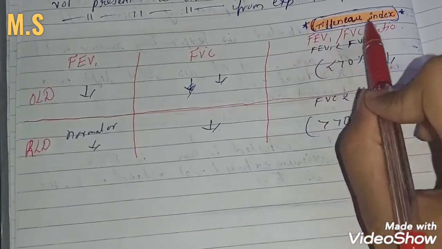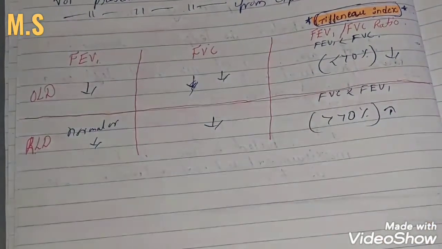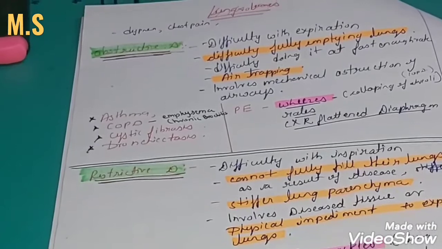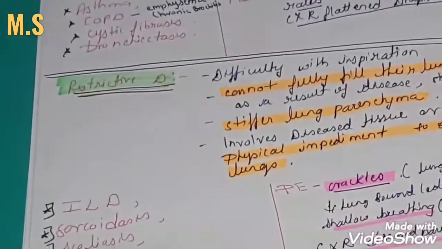Okay, it is important, remember it. This is how you differentiate between obstructive and restrictive disease. So first we will see what the basic difference between them is.